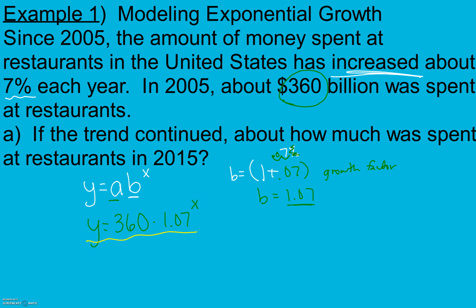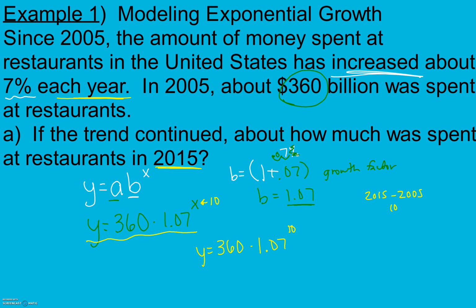Now, we want to know how much was spent at restaurants in 2015. Well, x is my time, in years. If I have 2015, and I started in 2005, to find that difference, we subtract and get 10. So my x value here is going to be 10. So I take 360 times 1.07 raised to the 10th power.